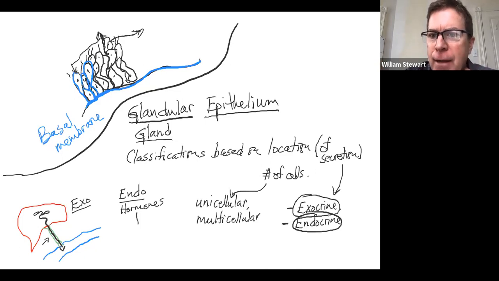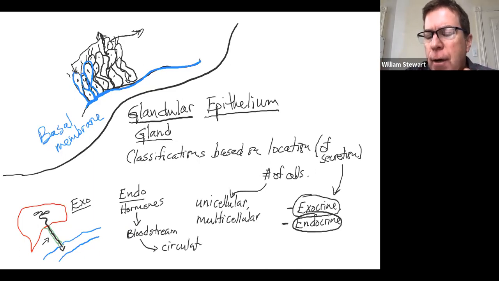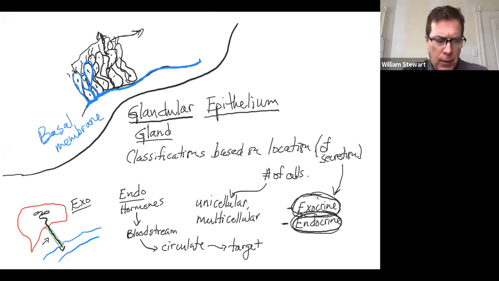The hormones then enter the bloodstream. Hormones are just chemical messengers. They enter the bloodstream and then they circulate all over the body. They don't go directly to their target site. They have to circulate everywhere the blood goes until they find their target site. So that's the main difference between exocrine and endocrine.